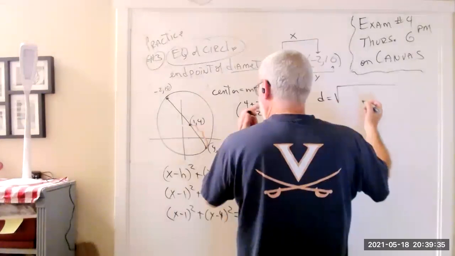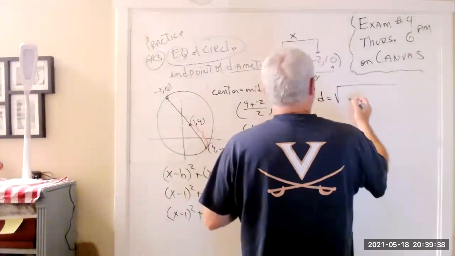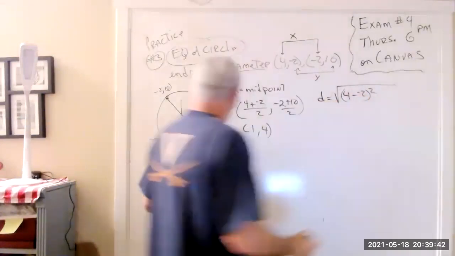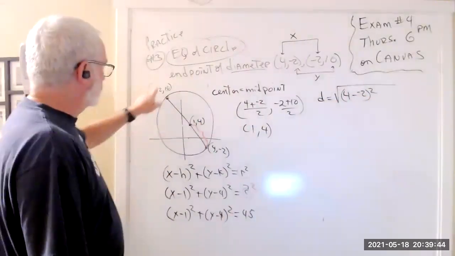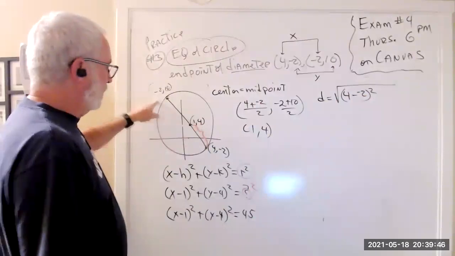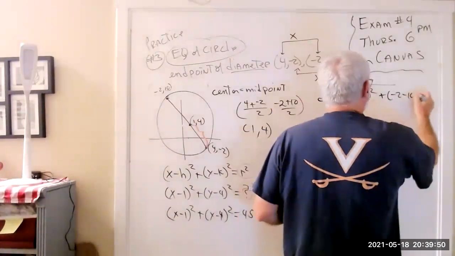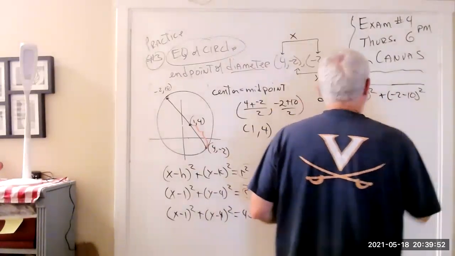The distance formula is 4 minus negative 2 squared, so x minus x, and negative 2 minus 10 squared, y minus y.